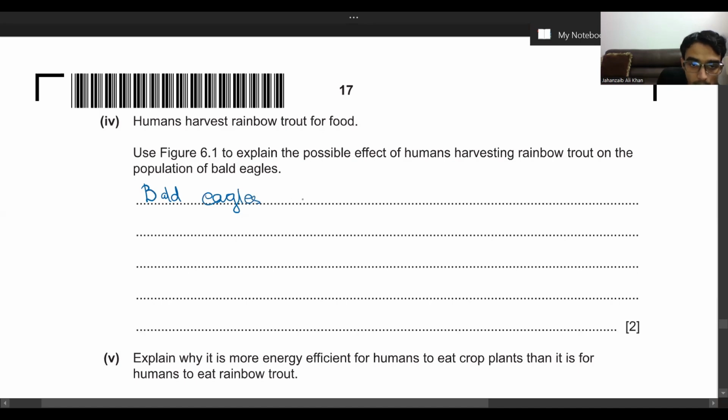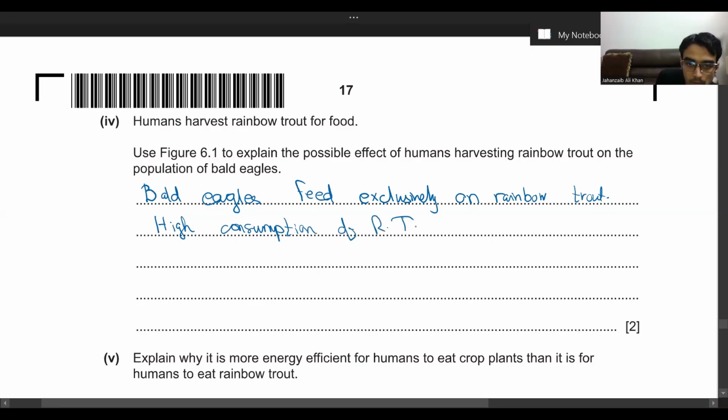So the answer is: bald eagles feed exclusively on rainbow trout, which are harvested by humans, or a decline in bald eagle populations.